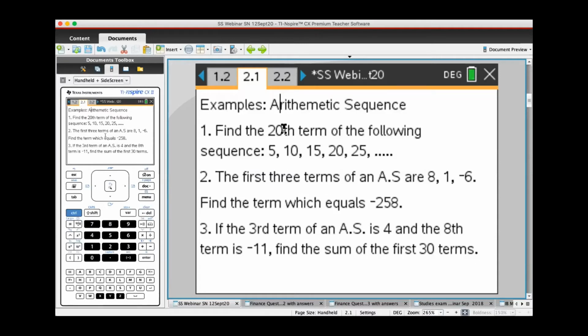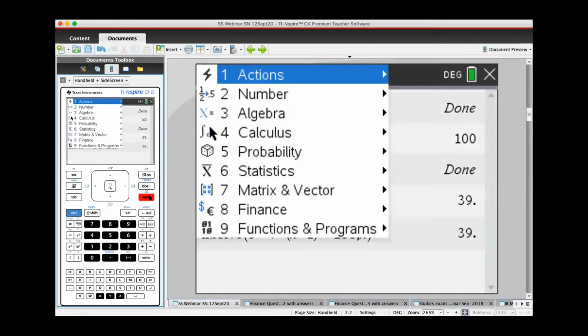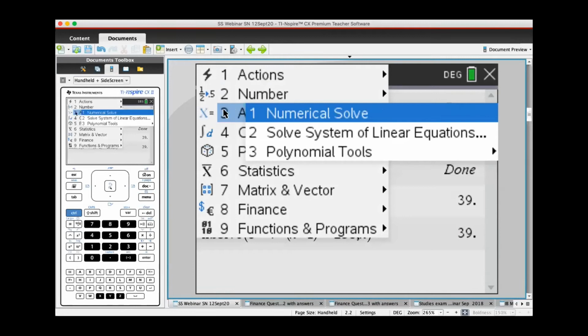So I am going to show you the use of a different function here. So go to menu, you go to algebra. Now I could have also clicked 3 here to get to algebra, for example.